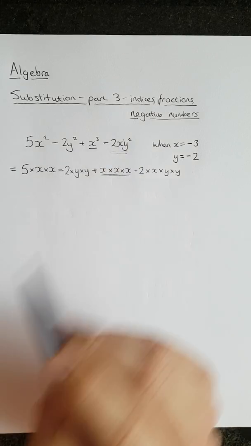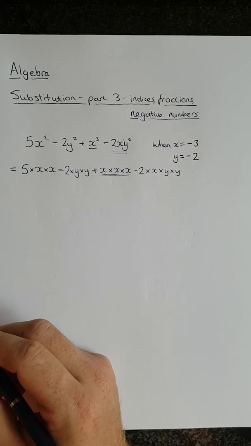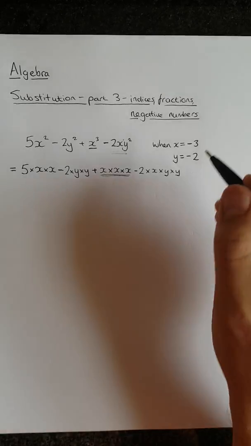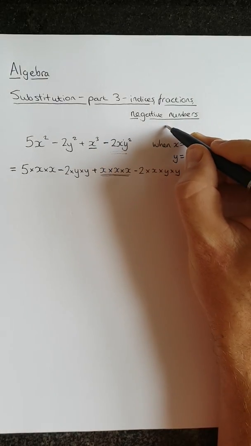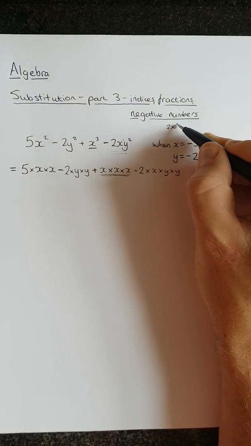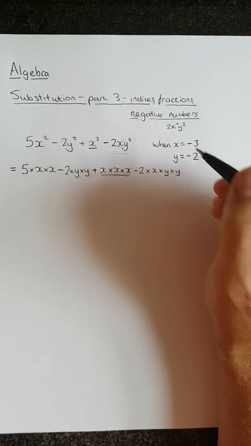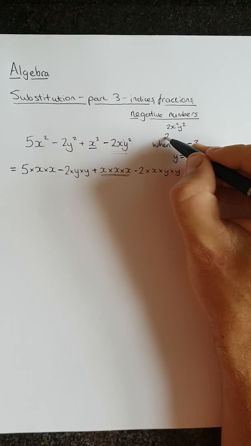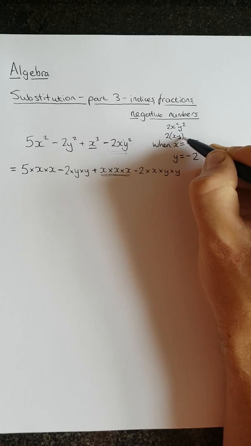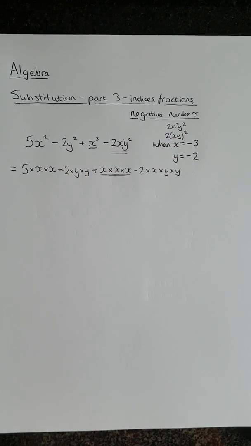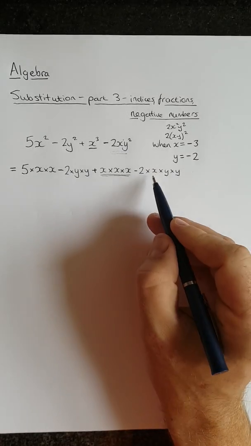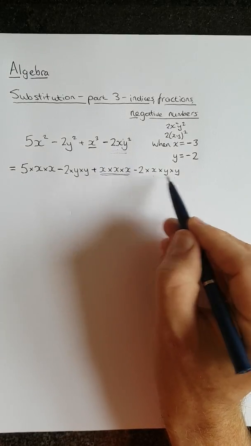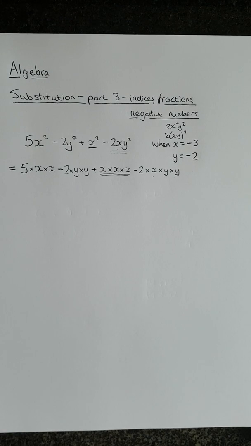A squared being on the y means the y has been squared. If you wanted both to be squared, you could write 2x squared y squared, or you could write 2xy squared. That's why we have just one x and we have two y's.